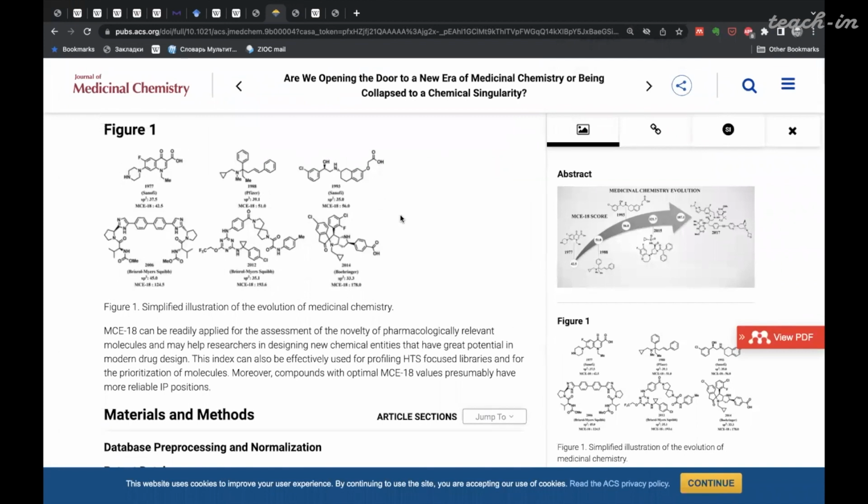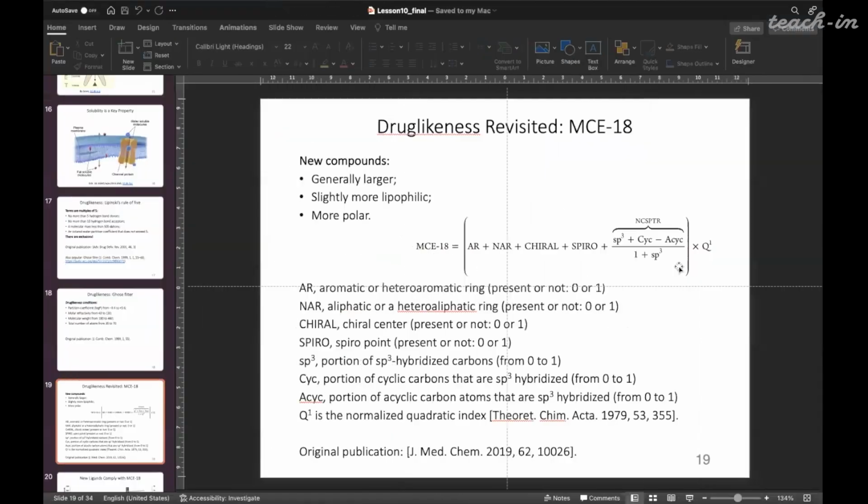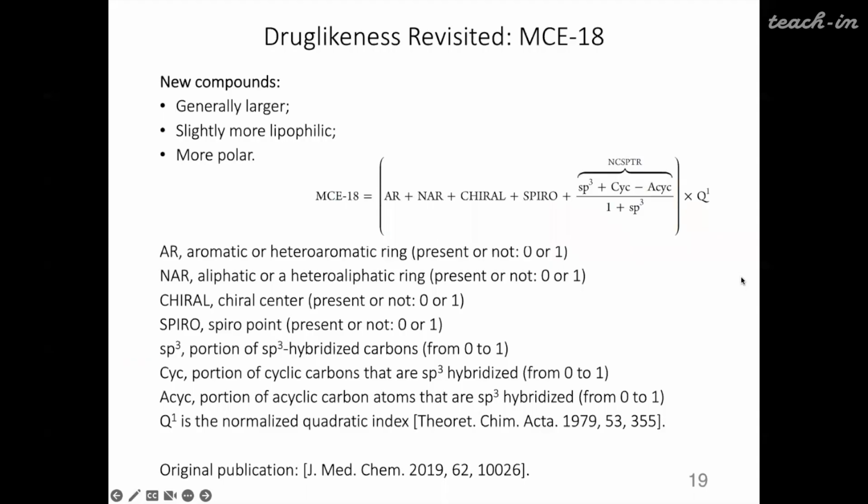So that's why MCE considers heteroaromatic rings in a drug candidate, aliphatic rings, chiral centers, and spiro points.